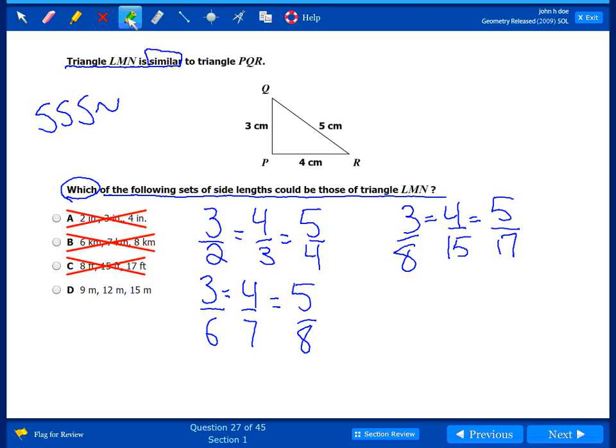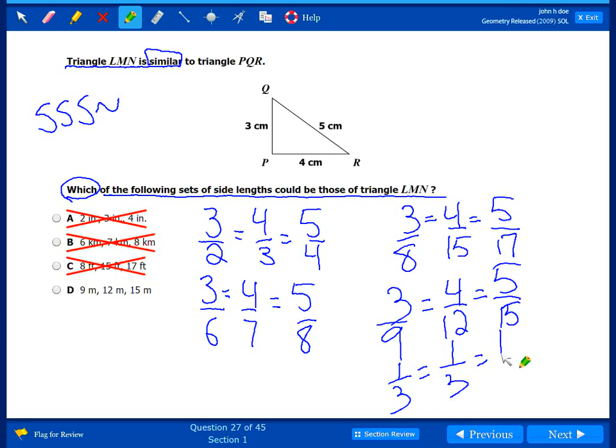So our last one, 3, 4, 5, we have 9, 12, and 15. All of these simplify to 1/3. So that works. We have similar triangles now by side, side, side similarity. The sides have to be in proportion for the triangle to be similar.